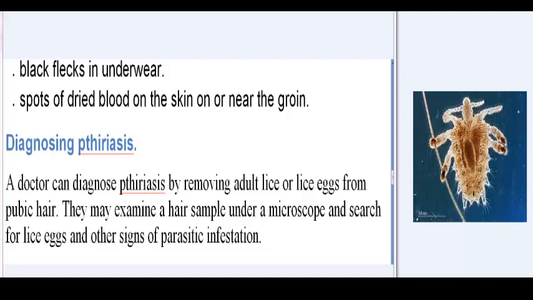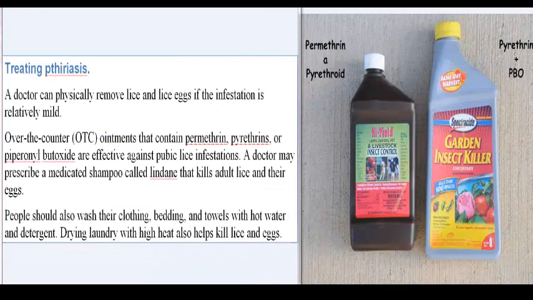Diagnosing thiriasis. A doctor can diagnose thiriasis by removing adult lice or lice eggs from pubic hair. They may examine a hair sample under a microscope and search for lice eggs and other signs of parasitic infestation. Treating thiriasis. A doctor can physically remove lice and lice eggs if the infestation is relatively mild.